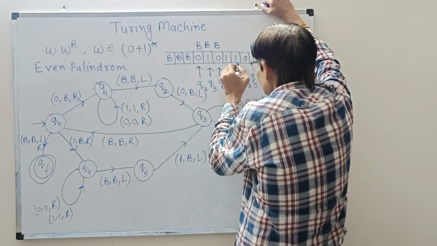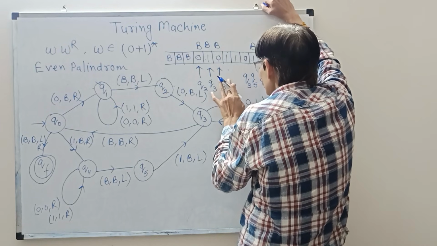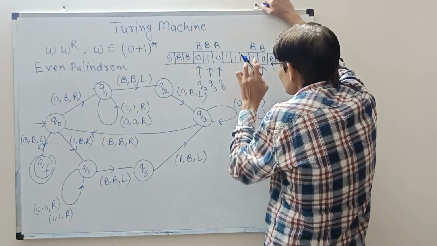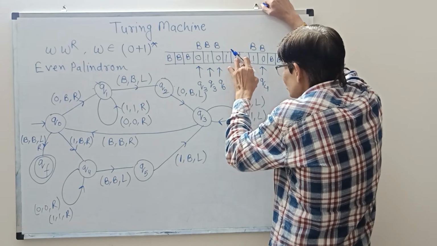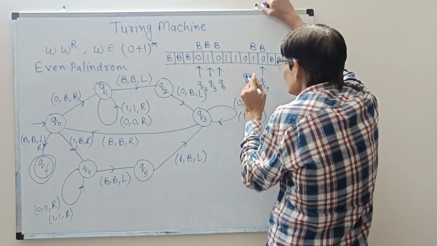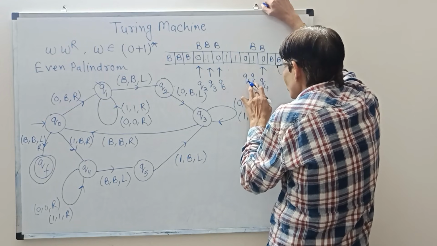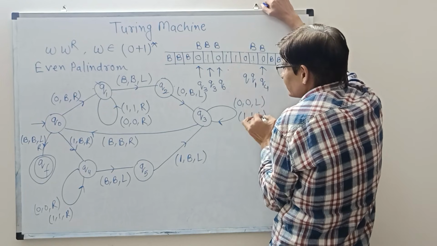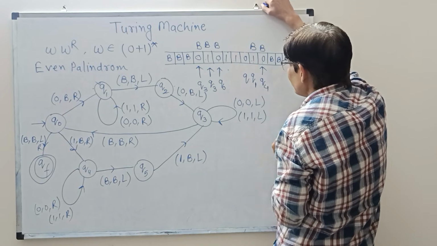Again on Q1, you will get this 1, so you will leave it as it is and you will move right. On Q1, you will get 0, so you will leave it as it is and you will move towards right. On Q1, again you will get blank.